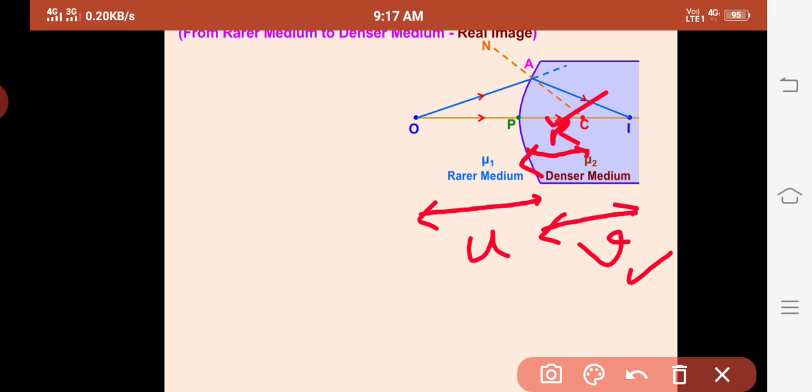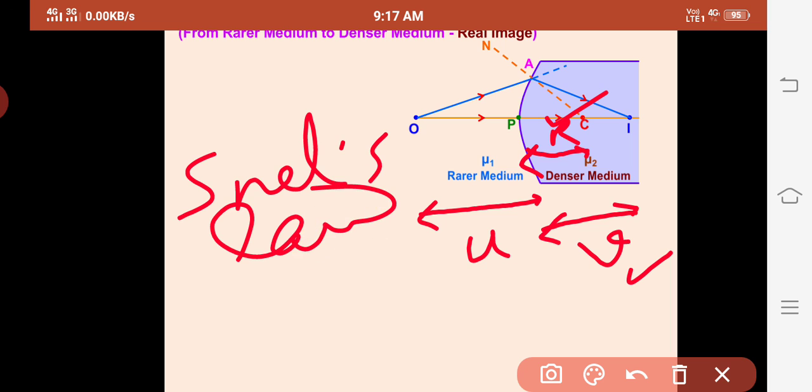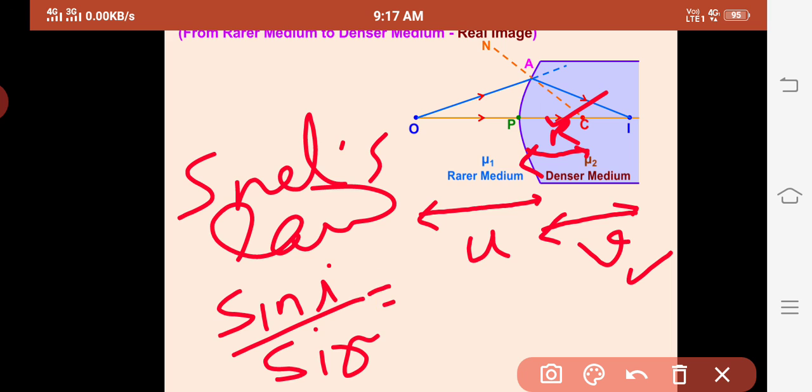How can we find this relation? To find this relation, we have only one tool, which is known as Snell's law. According to Snell's law, sine of angle of incidence divided by sine of angle of refraction is equal to the refractive index of the second medium with respect to the first medium.